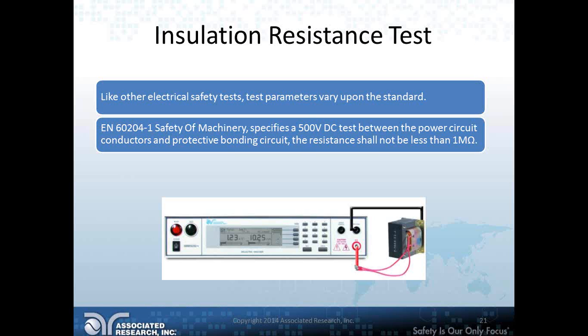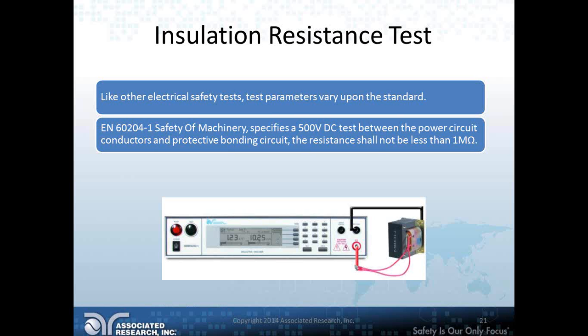For example, EN 60204-1, which is the European standard for safety of machinery, specifies a 500-volt DC test between the power circuits and conductors and the protective bonding circuit, basically the ground. It's also calling out a resistance value. So here is all we need to set up or program an insulation resistance test.